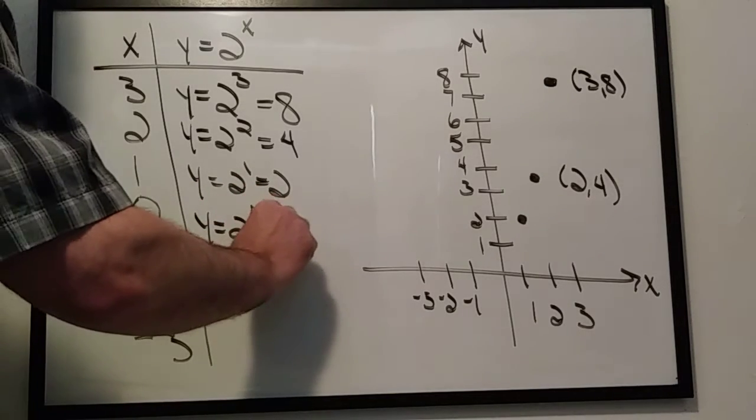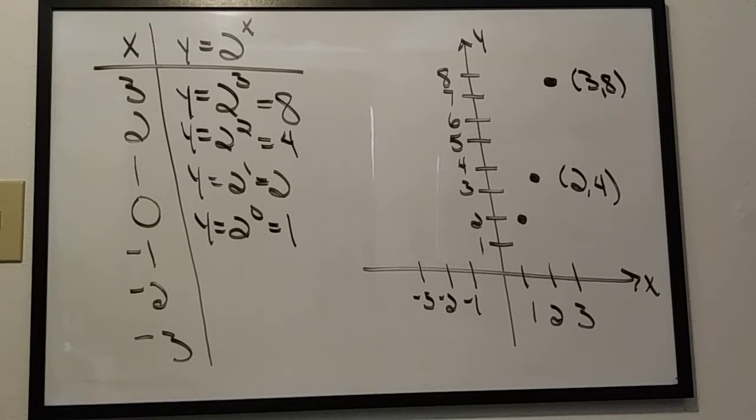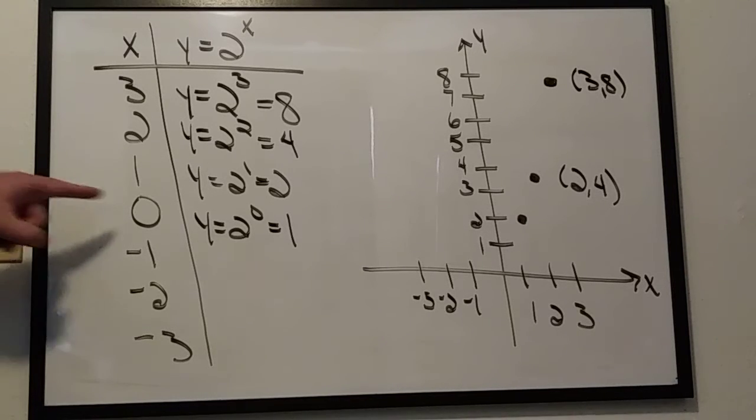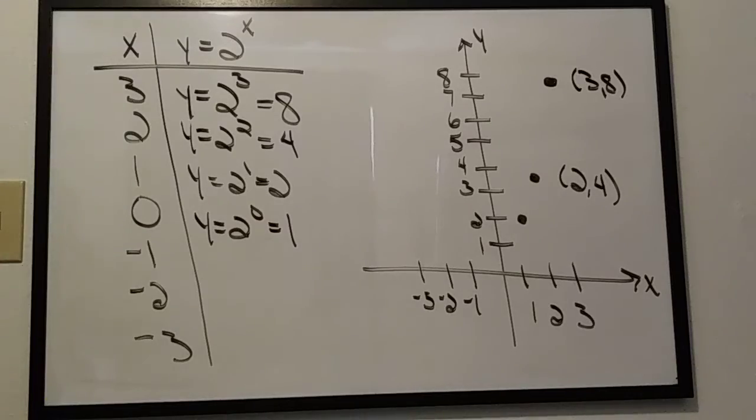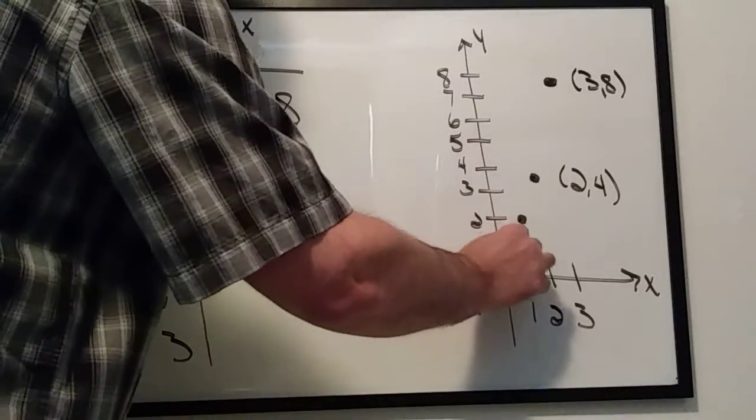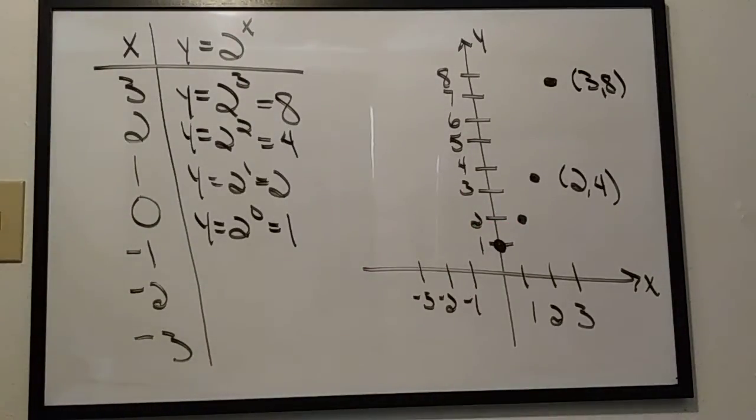If that's something that you remember from earlier, great. If not, make a note to yourself off to the side to remind yourself that any constant to the 0 power is going to be the number 1. So we have then the point 0, 1. Let's plot that.